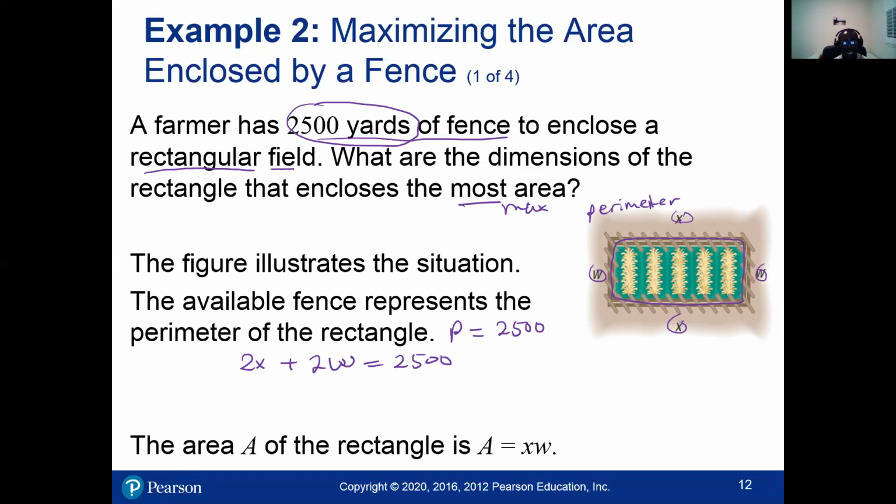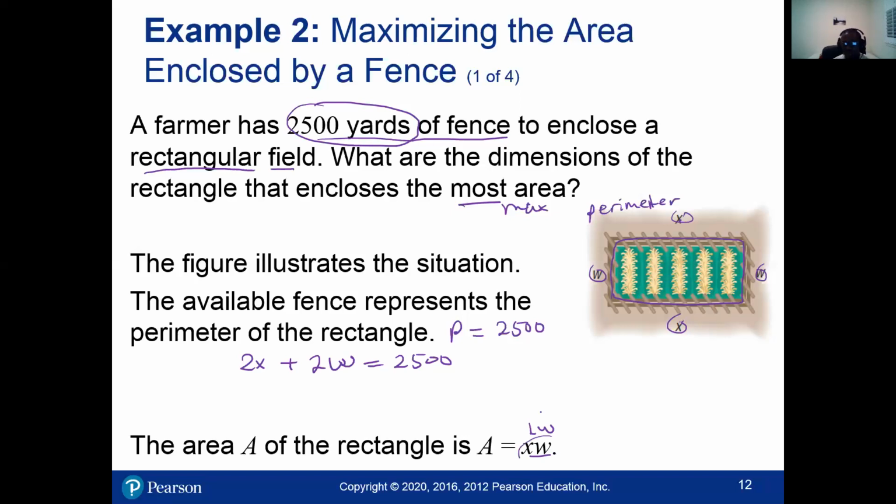So this is an equation. Then the area is given by the length times the width, so in this case x times w.